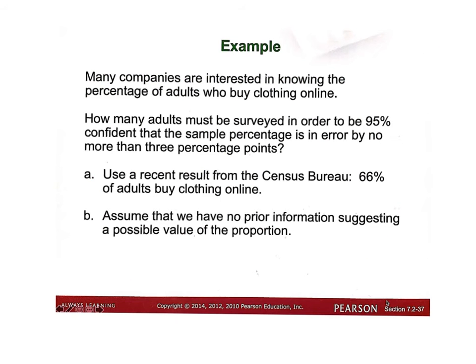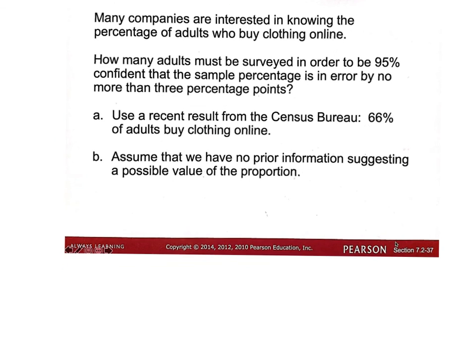All right. Many companies are interested in knowing the percentage of adults who buy clothing online. How many adults must be surveyed in order to be 95% confident that the sample percentage is in error by no more than 3 percentage points? Part A, they're telling you that P hat is 0.66 because that's the recent survey we got from the Census Bureau.